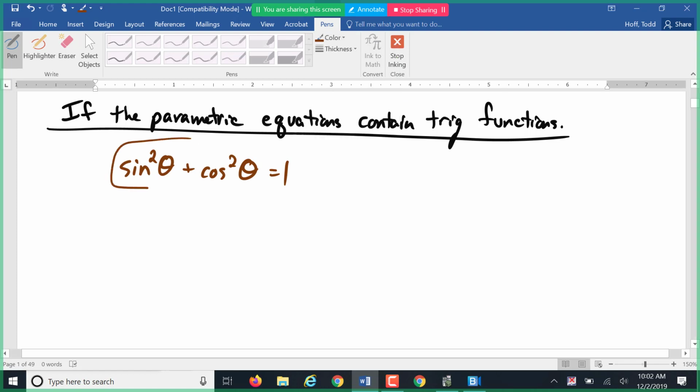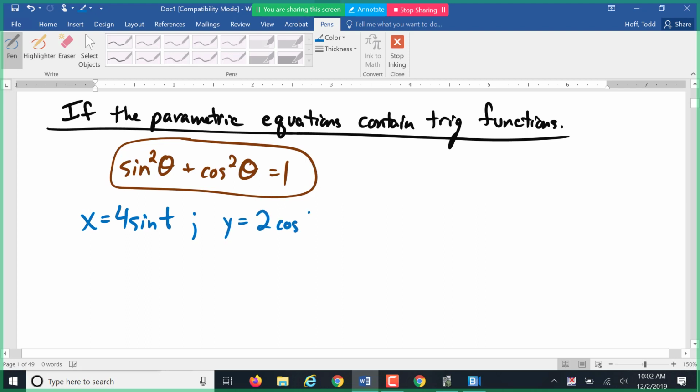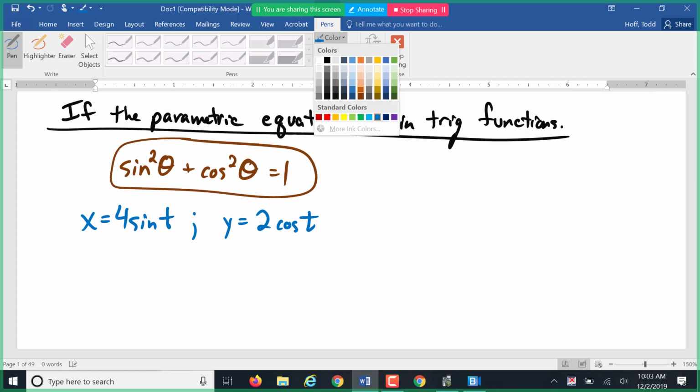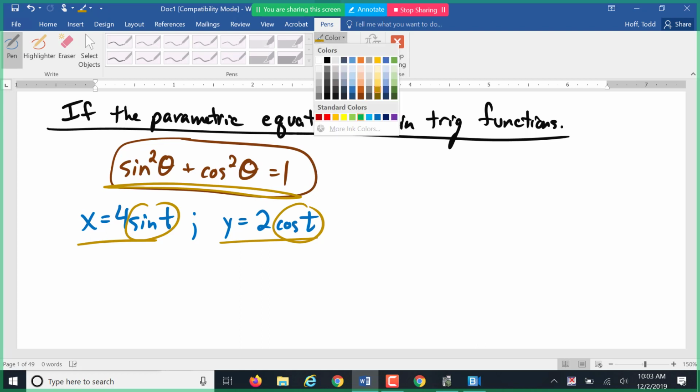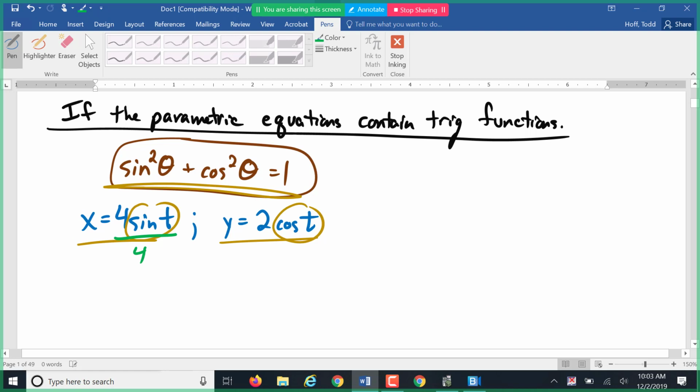Now, let's keep that identity off to the side, and let's look at a set of parametric equations. For example, we might have x equals 4 sine t, and y equals 2 cosine t. In order to substitute these into this trig identity, I have to isolate sine and cosine. So I'm going to solve this one for sine by dividing by 4 on both sides. So I have x over 4 equals sine t.